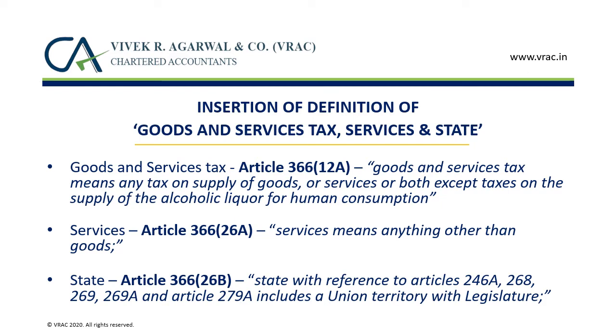Services is defined under Article 366(26)(a) as, services means anything other than goods. State is defined under Article 366(26)(b) as, state with reference to Articles 246A, 268, 269, 269A and Article 279A includes a union territory with legislature.